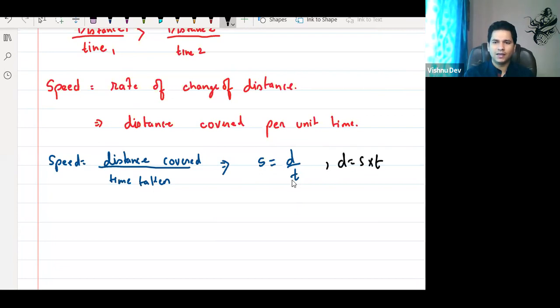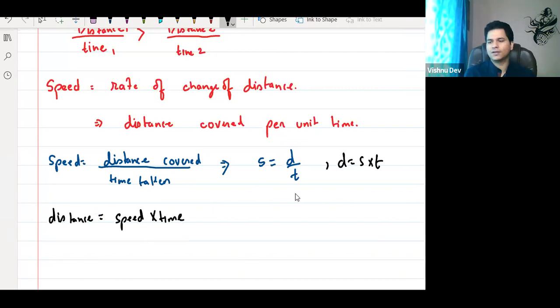Yes, that is also correct, sir, which means distance is equal to speed into time. So I'll write the second formula also because this is the same thing. Distance covered is equal to speed into time.